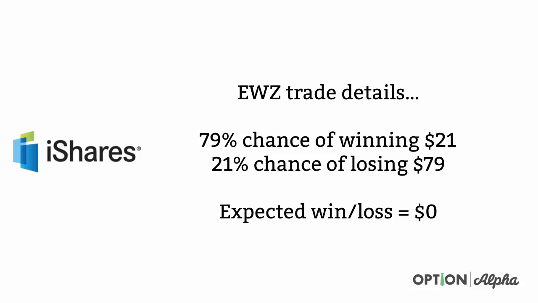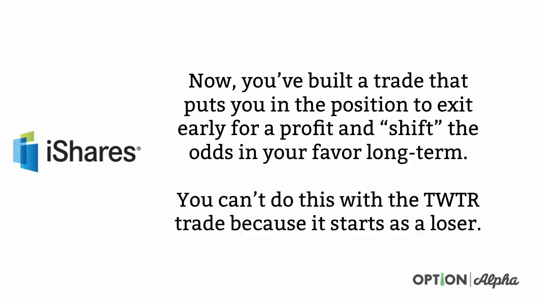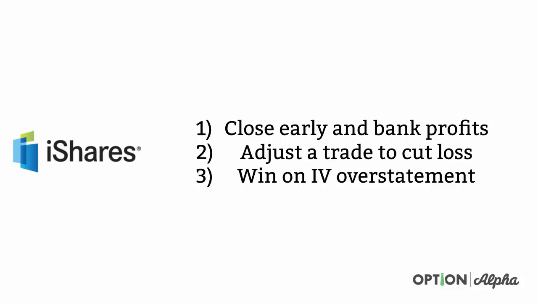But now that you've placed the trade correctly, what if you closed just one of those trades early for a profit? What if you took one of those trades and cut the loss by making an adjustment to that trade? Now you are starting to shift the odds in your favor long term, which is exactly what we want to do. So here's how we can do that, and we've talked about this here on track number 3.